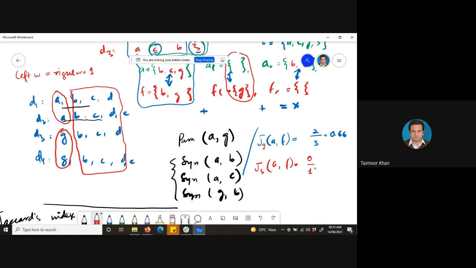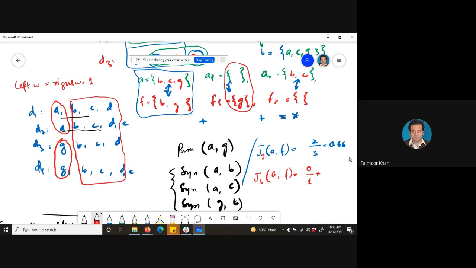So this is basically the left context, plus the right context has B and this other word, whatever it is, लेकिन यहाँ पे null set है, so the intersection again is going to be 0, and at the denominator we have 2.